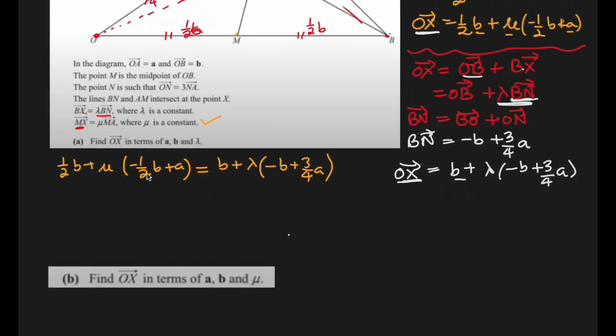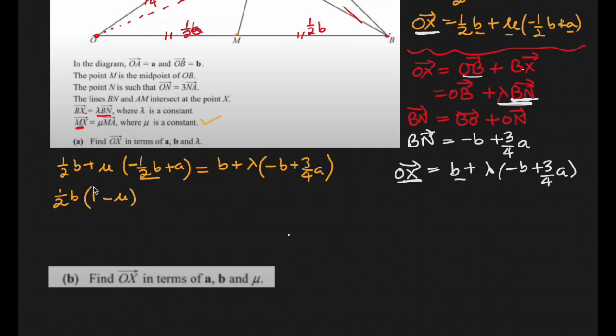Let's take B common here now. Half B is here, half B is here also. But this half B is being multiplied by mu and it's negative. So if I take half B common, nothing is left here, so I'll write 1. But this will give me minus mu.